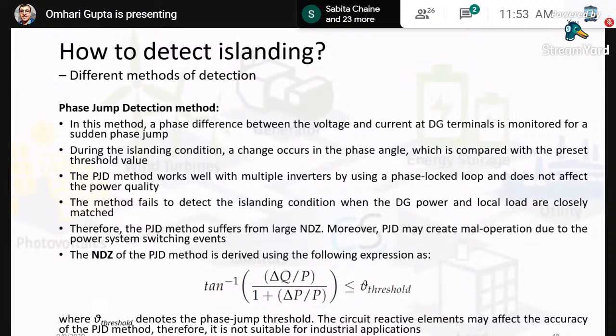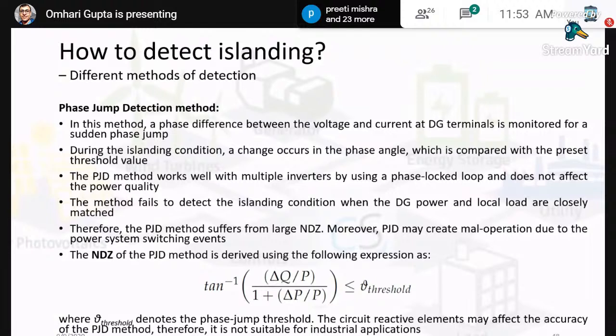Then there is the phase jump detection method. Whenever there is an islanding, the phase of the inverter output voltage will change immediately. The condition can be obtained by using this formula. The NDZ of the phase jump detection method is derived using the following formula. If it is less than the threshold, obviously you are not able to detect the islanding condition.